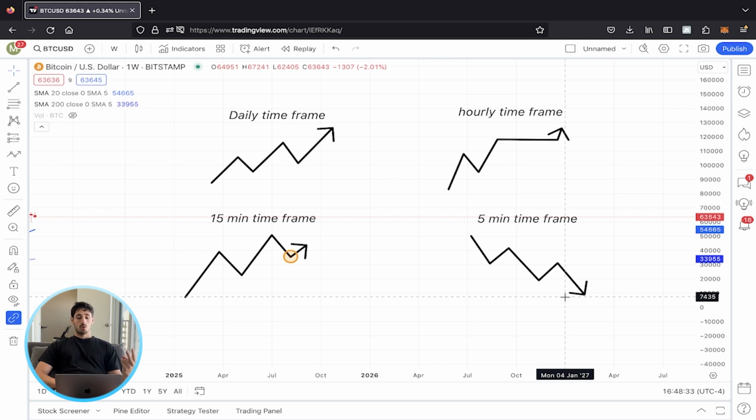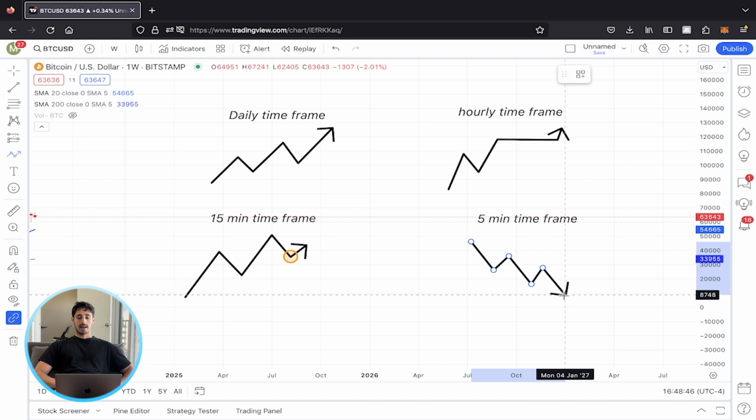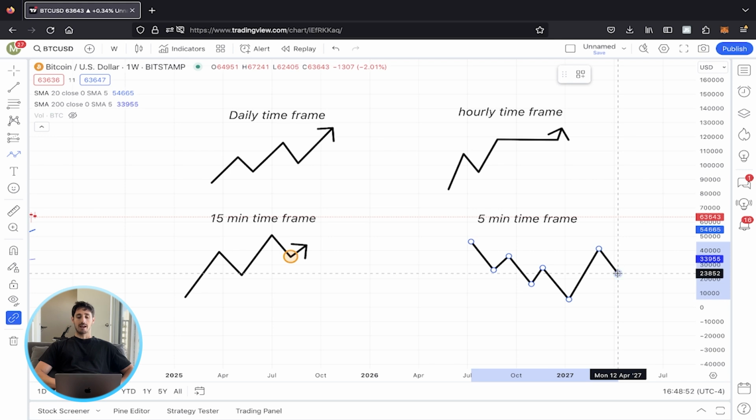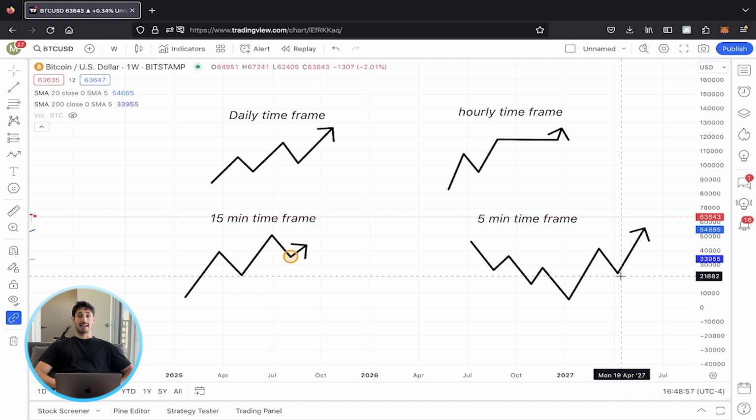Number two, what you could actually do is wait for this 5-minute time frame to break its downtrend before you enter. So let's say it's downtrending. You could wait for it to break this downtrend and maybe set up a higher low, and then from here, you could look to get into the trade.